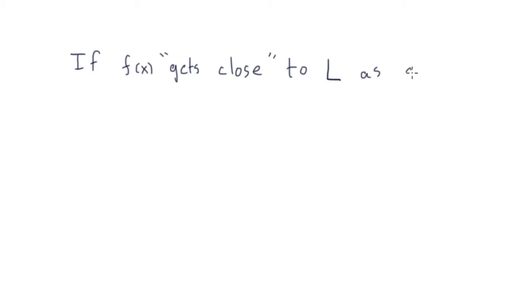So up till now, this is what we've said a limit is. If a function f of x gets close, and I'm going to put that in quotes, to L, so to some real number L, as x, and here it goes again, gets close to some real number a, then we write this.